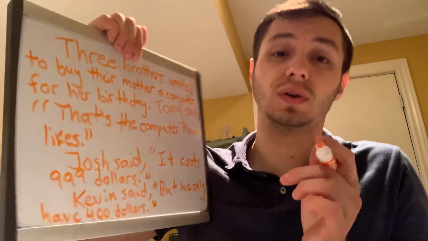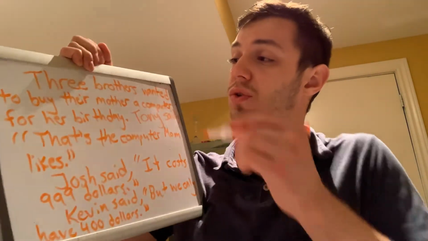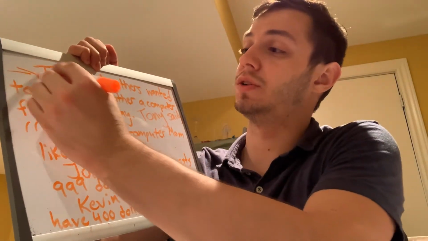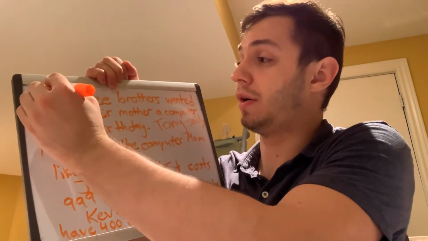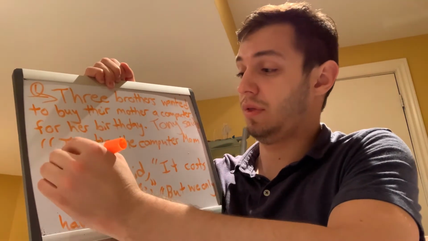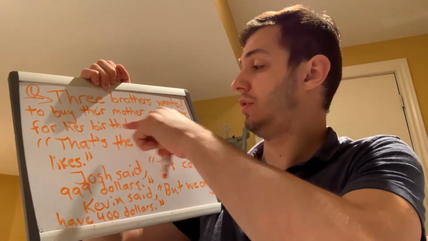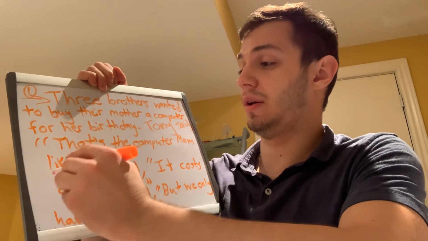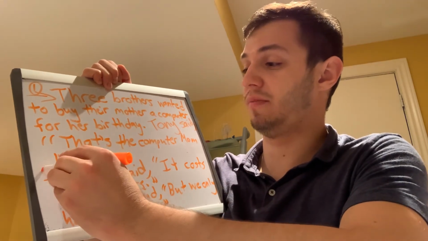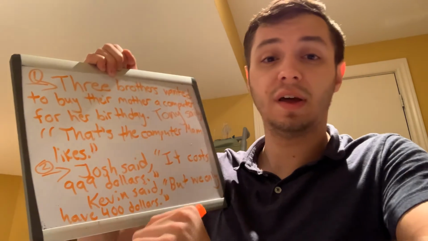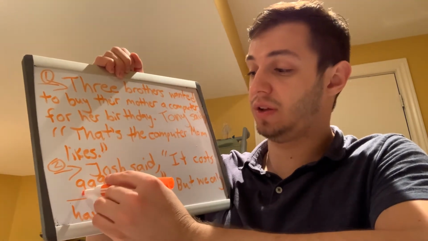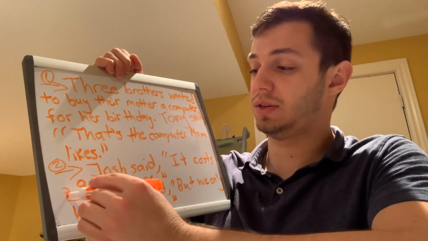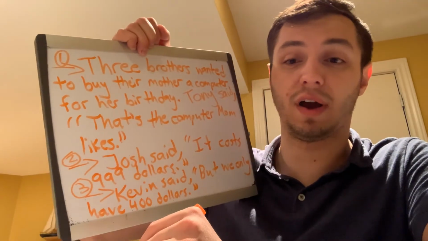Period, closing quotation marks. So in my first half of the story, I'll put a line here to show my one paragraph. Then we have Tony saying something. Then a new person is speaking, so I have my second paragraph. And then once again, a new person speaking. I indented and started my third paragraph.